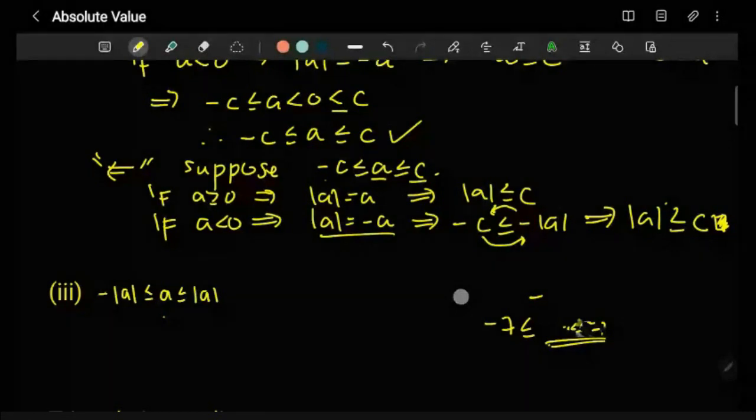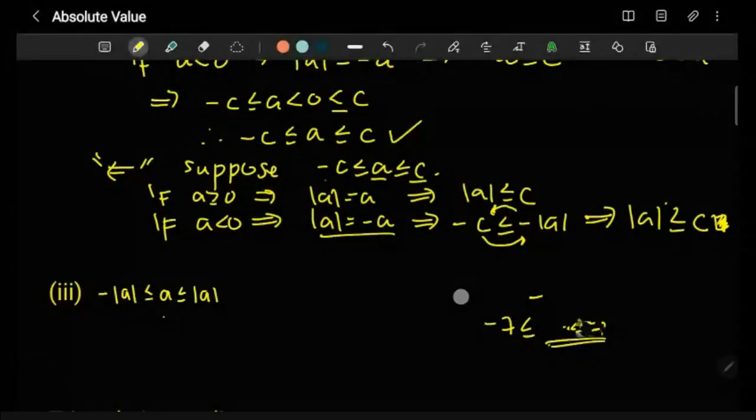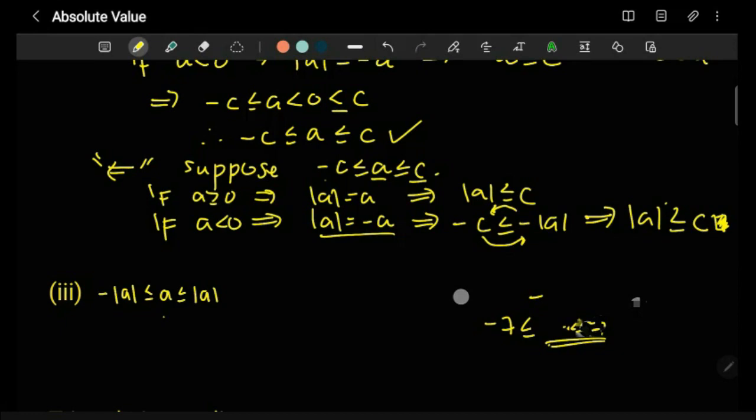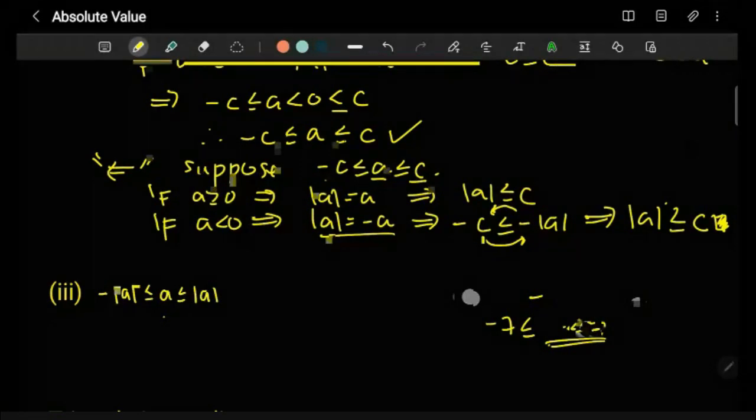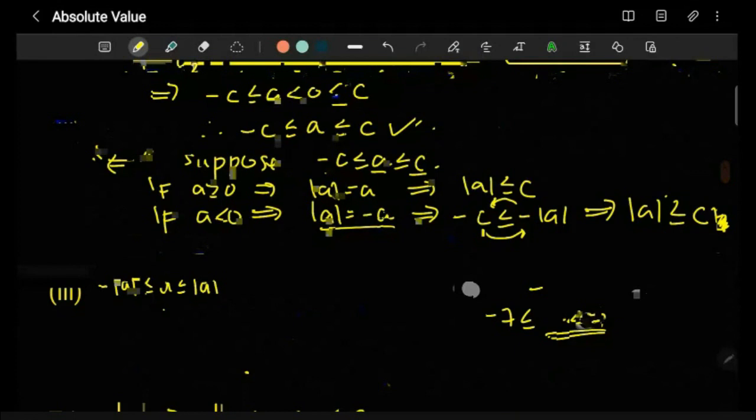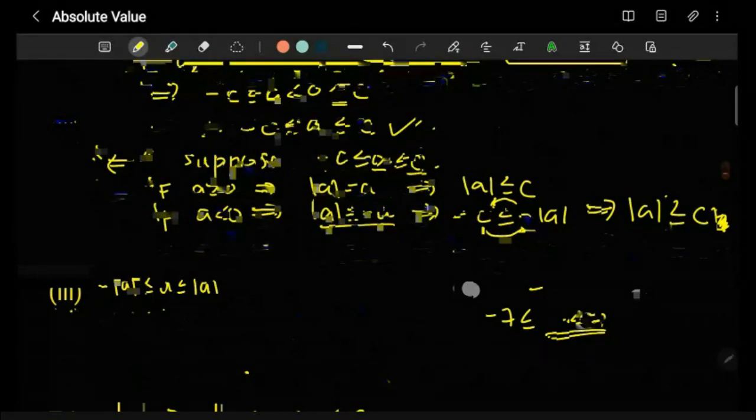But this is already immediate from number 2. Ano ba sabi ni number 2? Sabi ni number 2, the absolute value of A is less than or equal to C if and only if A is between negative C to C. So we take C equals the absolute value of A in 2.